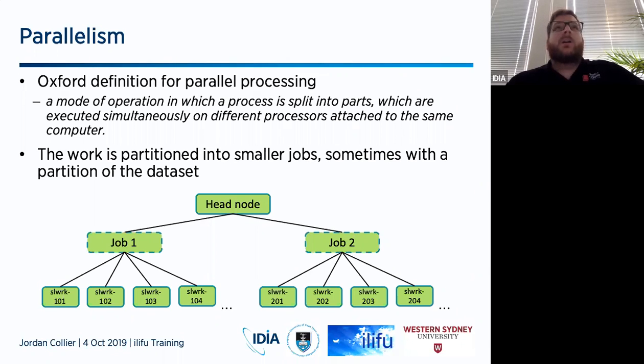It's where the work to be done within a process is partitioned into smaller jobs, each managed in our setup on a different SLURM worker node or a different CPU or task within one of those nodes. And sometimes each of those receives a partition of the data set itself, depending on how the partitioning is done.